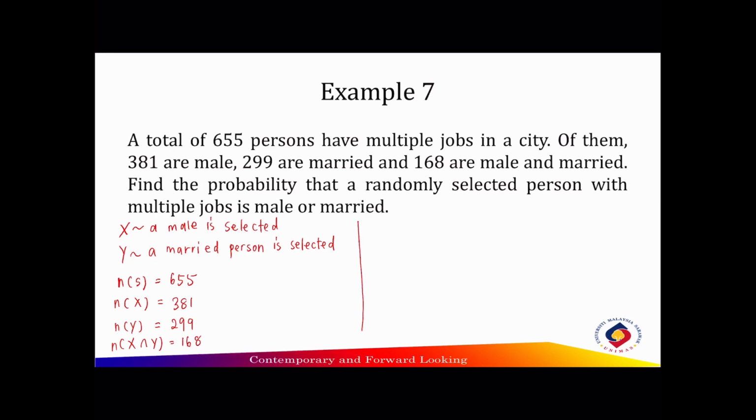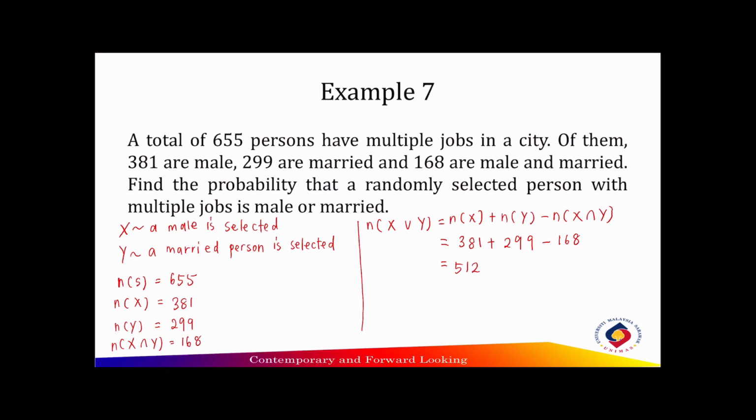Okay, continue. Now we want to find the number of outcomes for X union Y. So just use the formula of addition. So we use n(X) plus n(Y) minus n(X intercept Y). So we have 381 plus 299 minus 168, where we get 512.